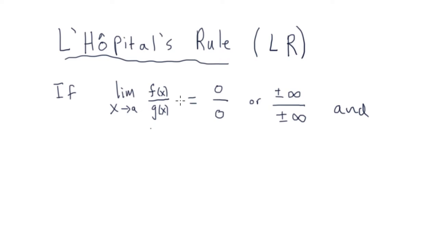well, we need f and g, we need to be able to really study their rate of change. So we need f prime and g prime to exist. So f and g are differentiable.